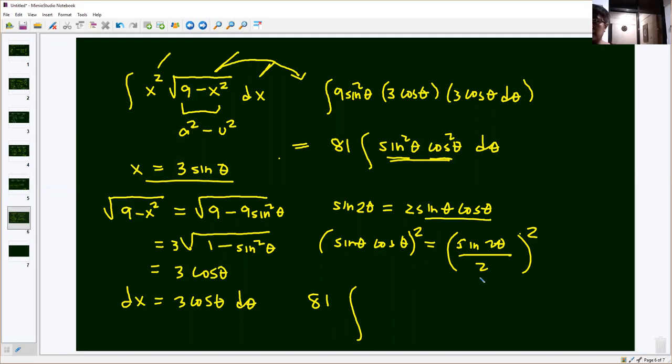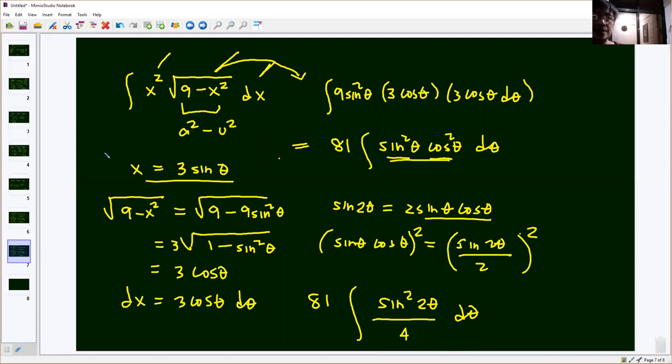integral. Now, this one is sine squared 2 theta and then over 4. Right? And then d theta. So, copy ko lang next page.